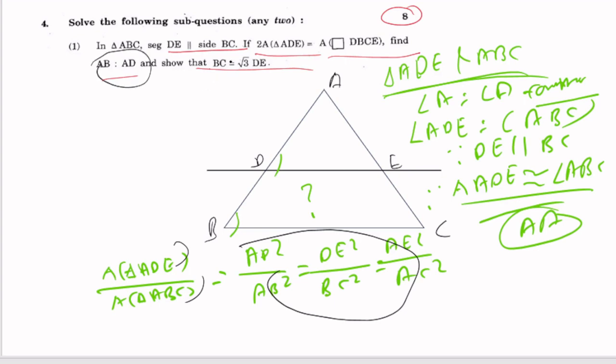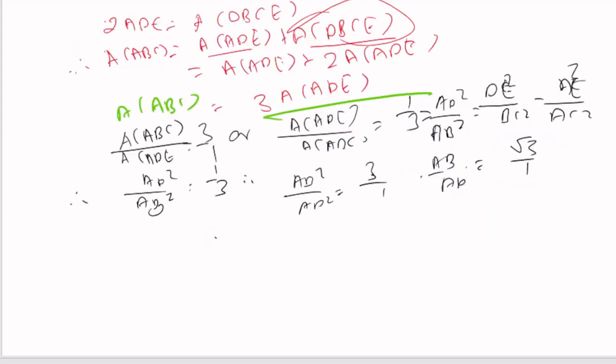Now next we have to show that BC is equal to root 3 DE. Okay, how to show that? That's also we can show. So this combination now we can take. First we took this one to find AB by AD. Now we can take this one. So let's say DE square upon BC square is equal to 1 upon 3.